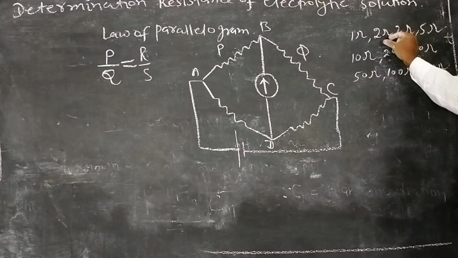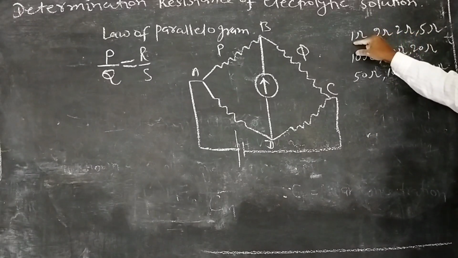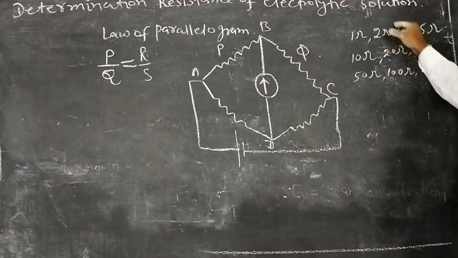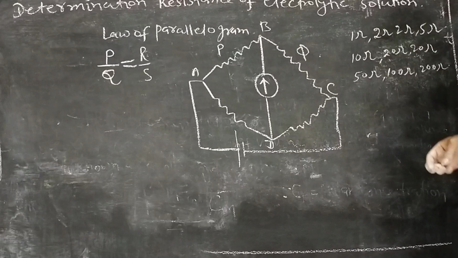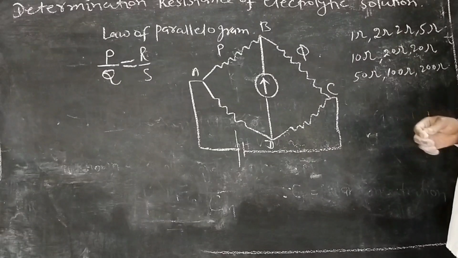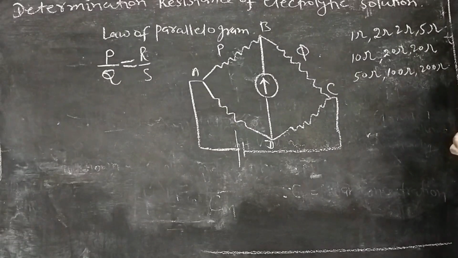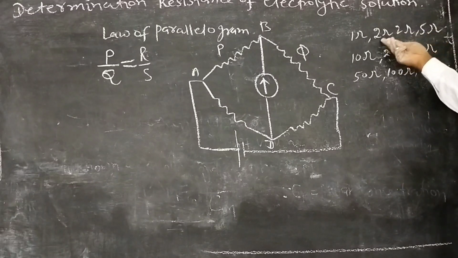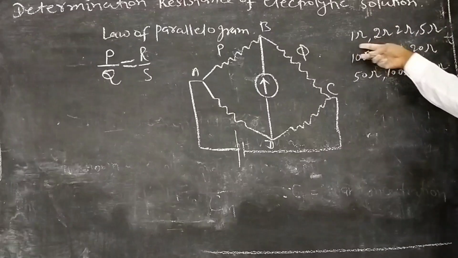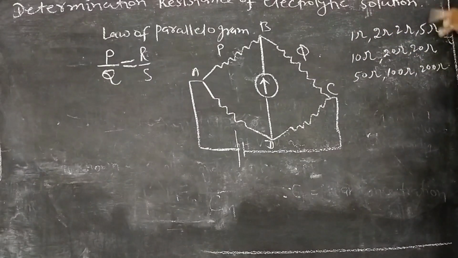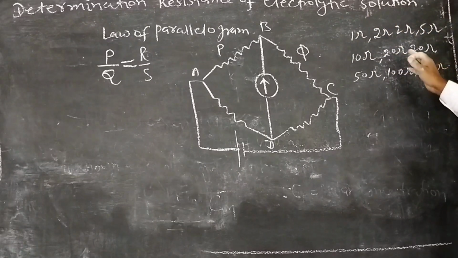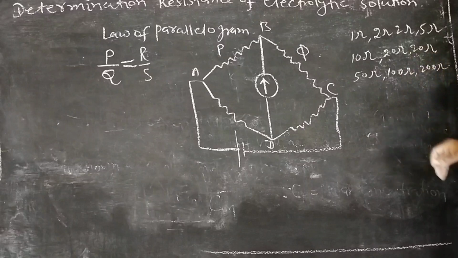If we pull 2 ohm and 1 ohm simultaneously, then load will be equal to 3 ohm. If we have to set up a load equal to 5 ohm, we may pull 2 ohm, 2 ohm and 1 ohm, or 5 ohm alone. So these are known resistances set up in the resistance box.